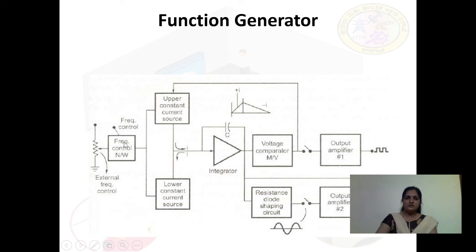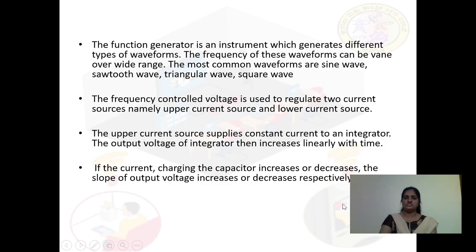And not only this internal frequency control network, we also have an option of external frequency control. This frequency control helps provide a frequency controlled voltage, then the two constant current sources, then the integrator, and this output will be converted into whatever waveforms we want. That kind of waveforms can be generated by using this function generator.